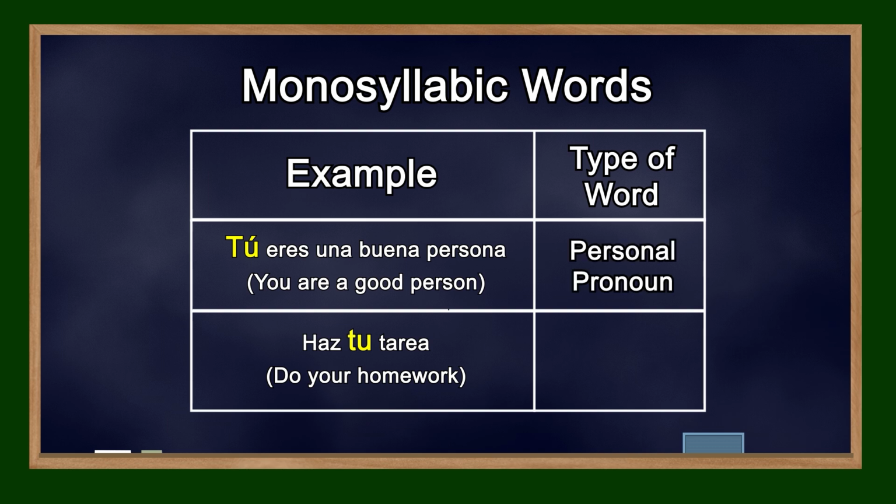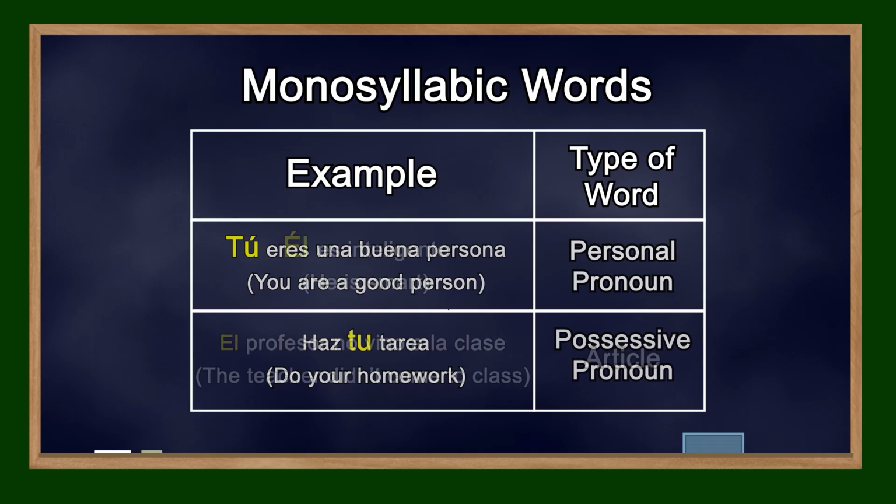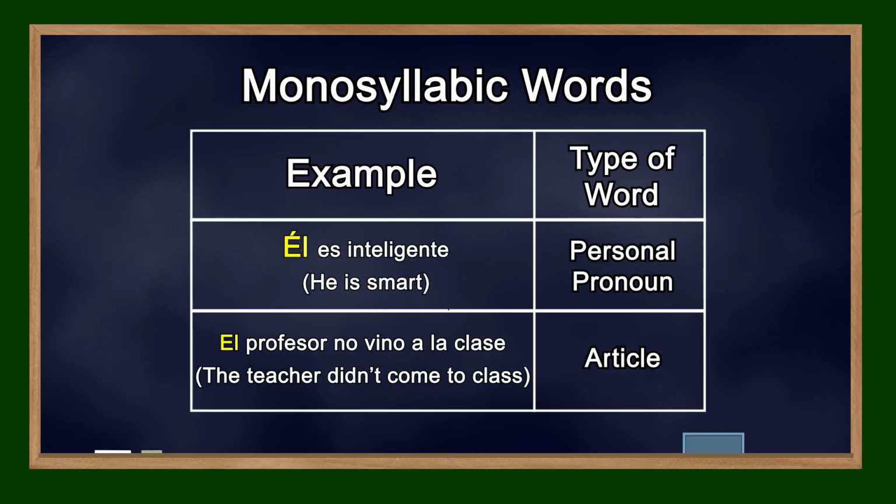If the word tu is a possessive pronoun, we don't use an accent mark. The same logic applies to the words él, mi, and sí, as seen in the examples on screen.